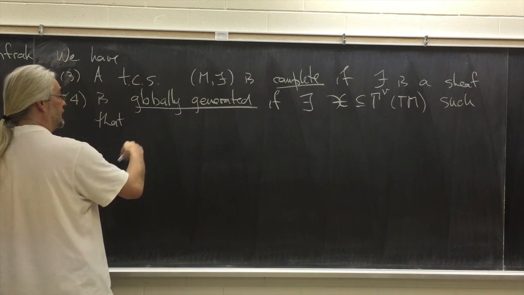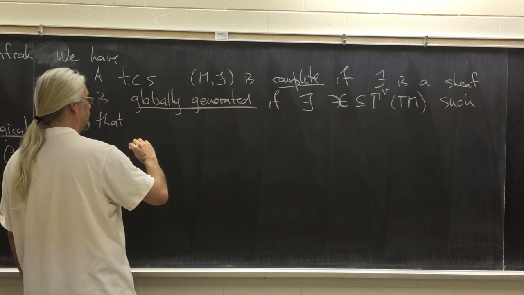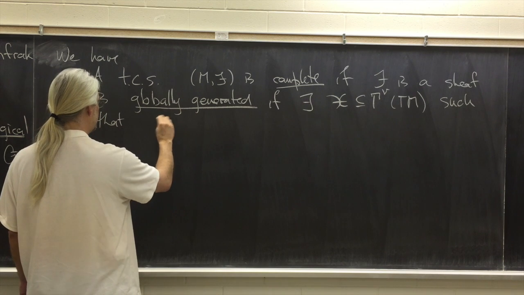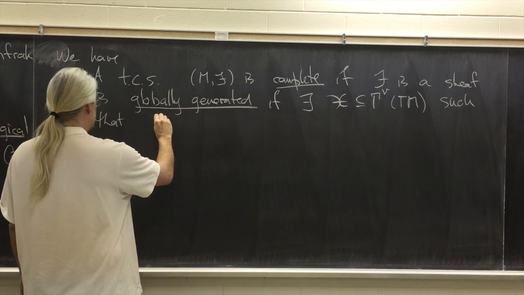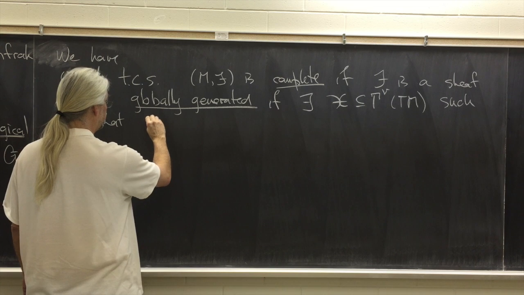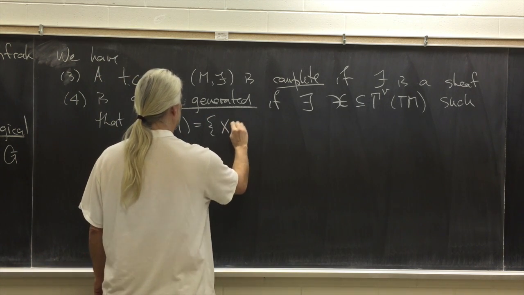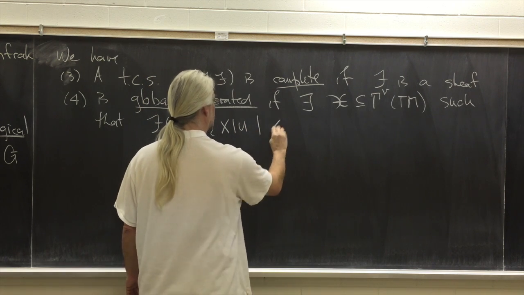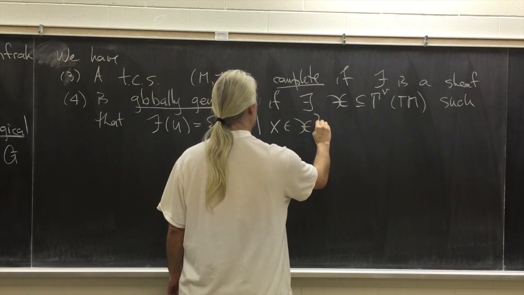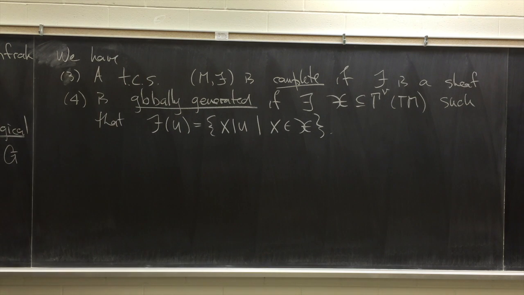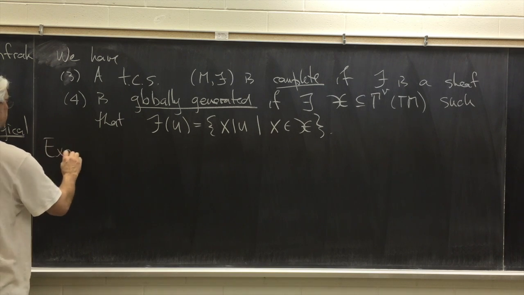I think I had defined this notion of globally generated when we talked about sheaves and presheaves. So that the vector fields of your system on the open set U are just restrictions of these global vector fields from the set script X.